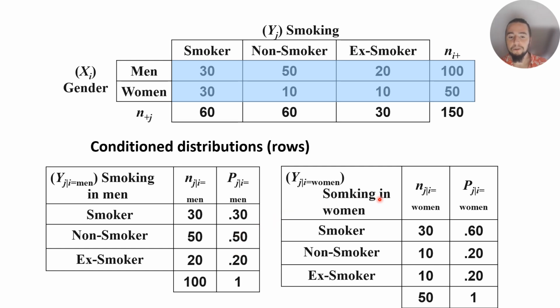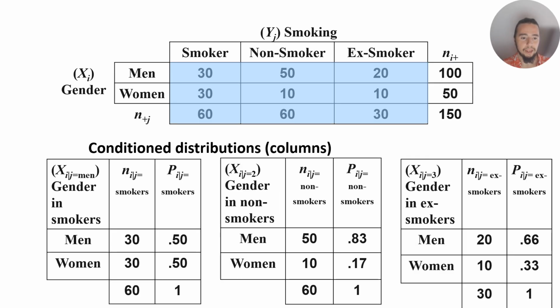We can do the same for women, and you can see here that in our data, given that you are a woman, it's more likely for you to be a smoker instead of a non-smoker or ex-smoker, because it's the highest probability. So we can do the same for columns, and we get this scenario where we have gender given smoking, gender given non-smoking, and gender given ex-smoking.